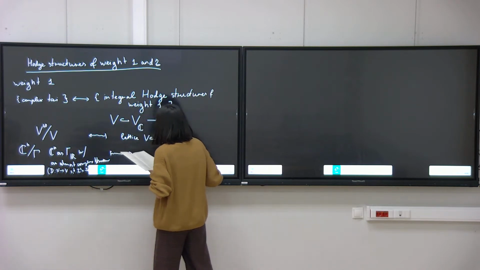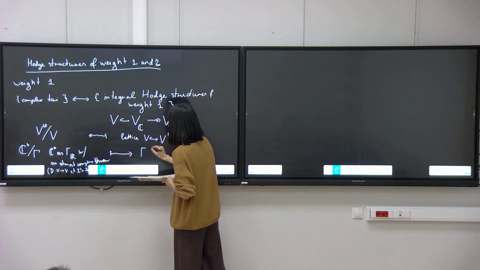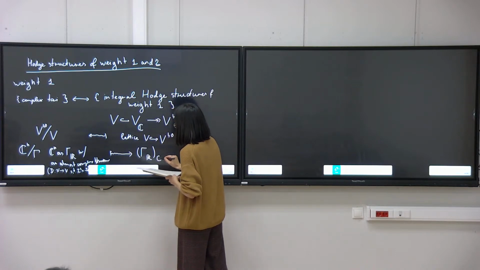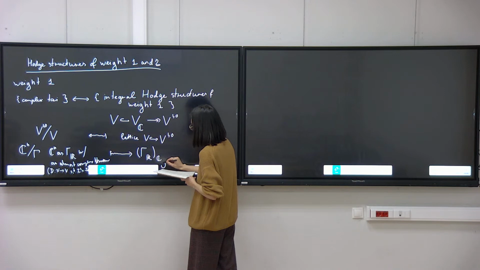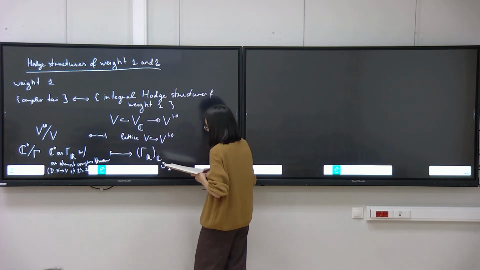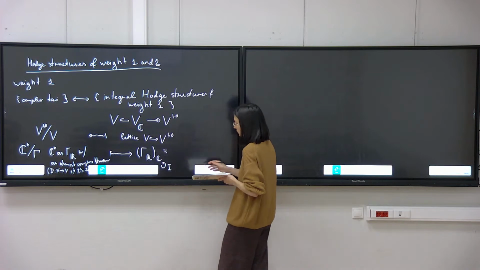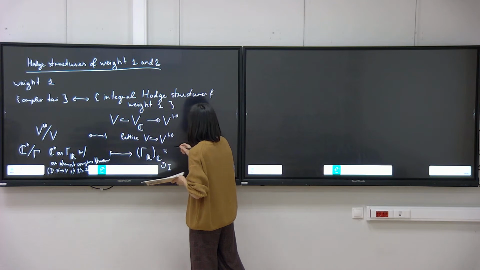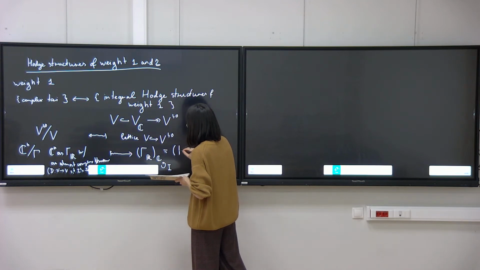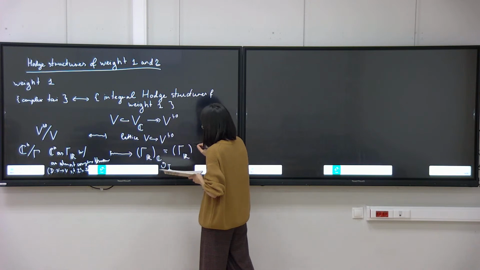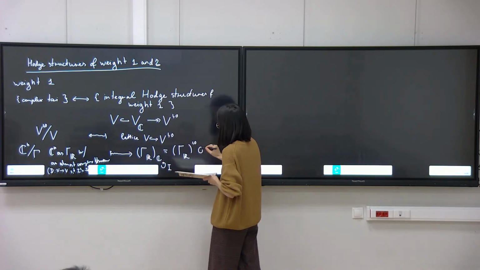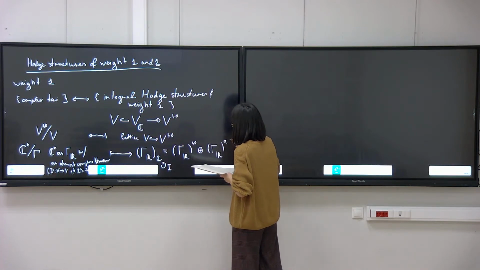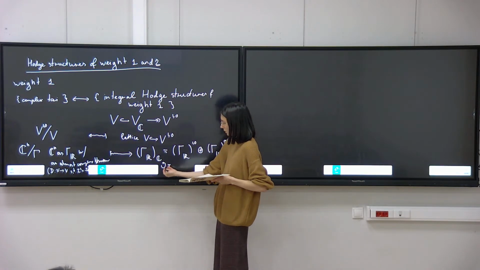The corresponding integral Hodge structure is the following. We consider the complexification of this real vector space. Then there is an action of the almost complex structure on it, so we can consider its decomposition into two subspaces of eigenvalues.